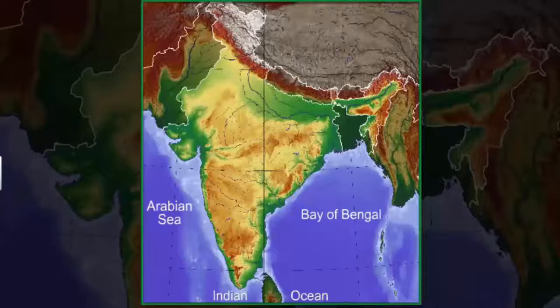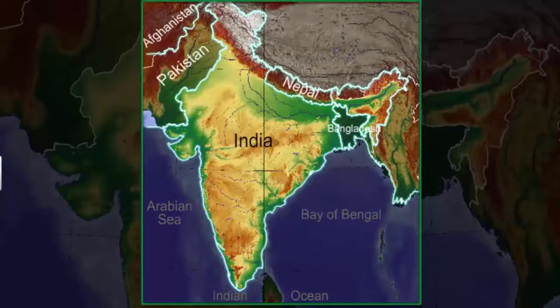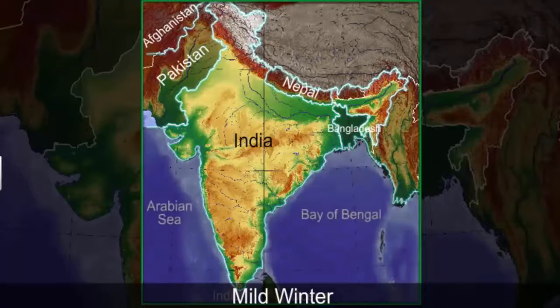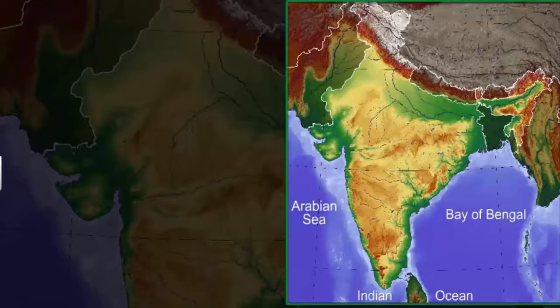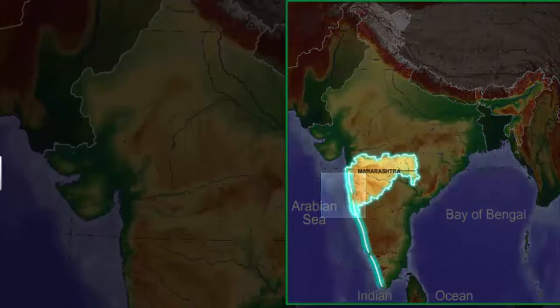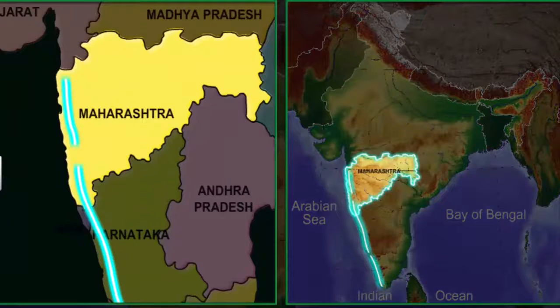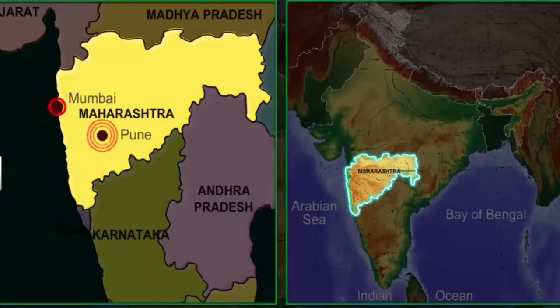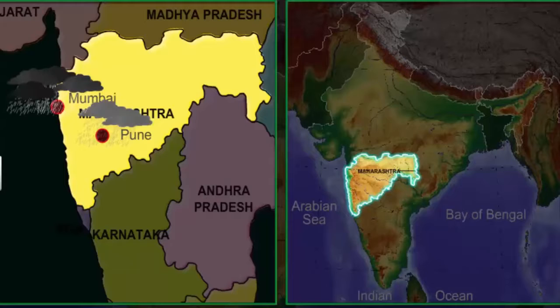As a result, the interior parts of the subcontinent experience comparatively milder winters. Another good example is the Western Ghats of Maharashtra that lie between Mumbai and Pune. These affect the precipitation of both these cities.